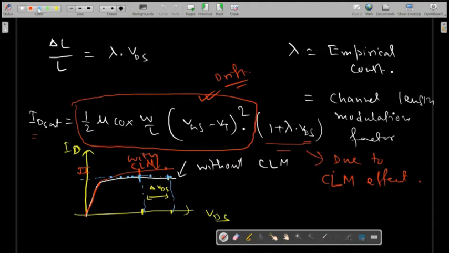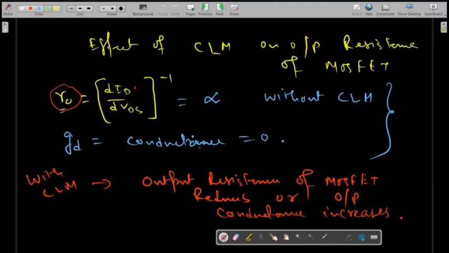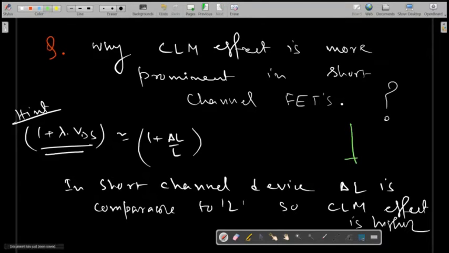Okay. If I plot the graph here with CLM and short channel device, it will be like this. This may be more sharp because more CLM is there. So in a long channel device, the current may be somewhat constant like this, but for a short channel device, the drain current is not constant. The slope is not constant because the CLM is more for a short channel device. So if you check the IV characteristics of a submicron MOSFET and a long channel MOSFET, there is a huge difference in the saturation region.